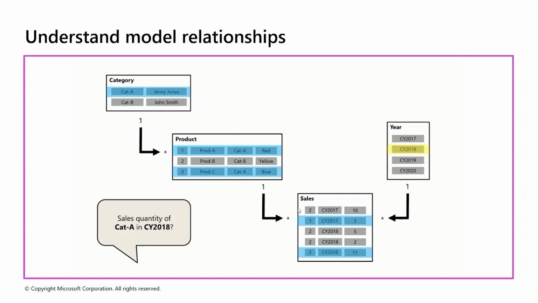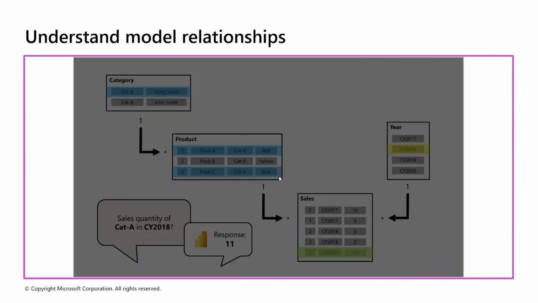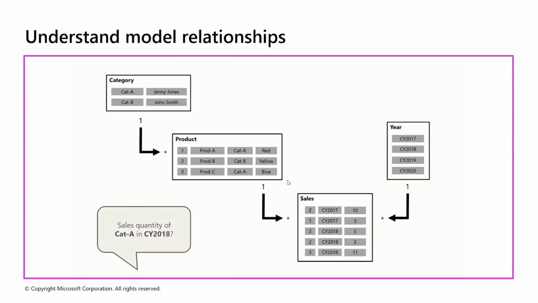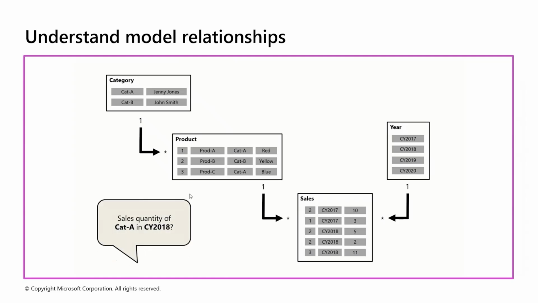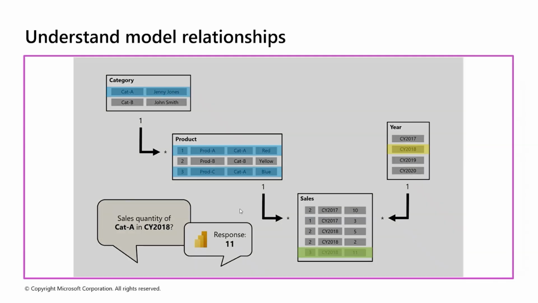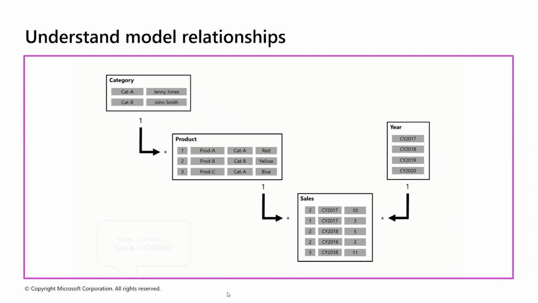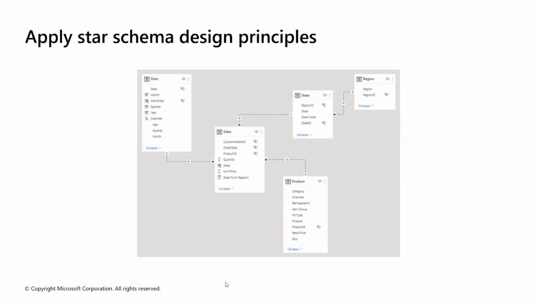This is what is described in this small video playing on the slide right now. It identifies the sales quantity of category A in CY 2018, and the final answer is 11. Now let's move on.